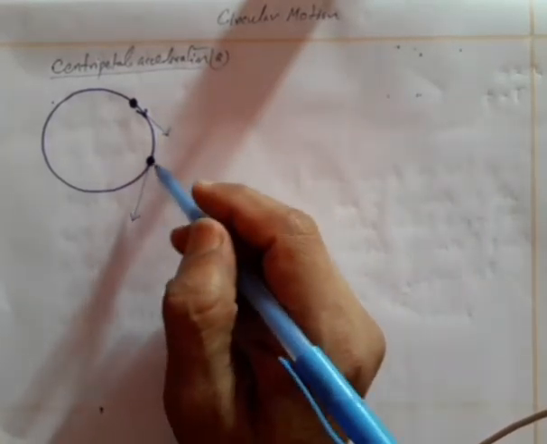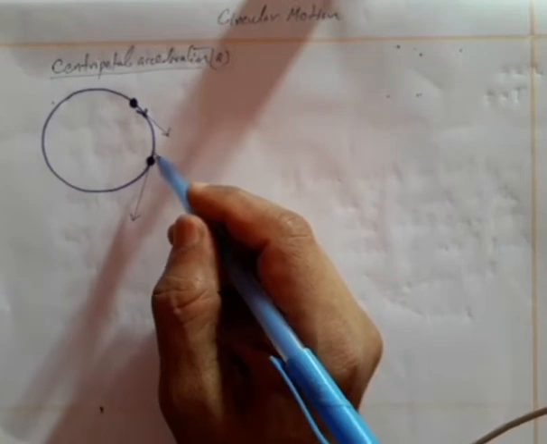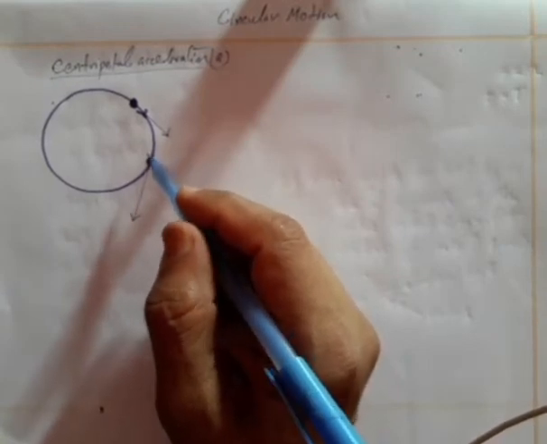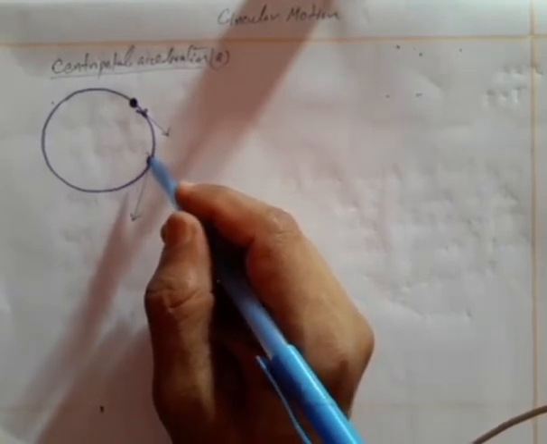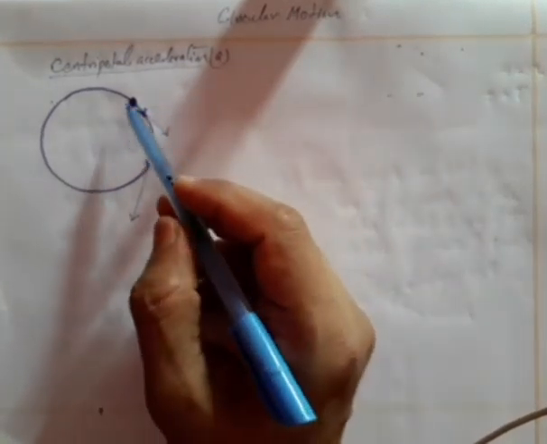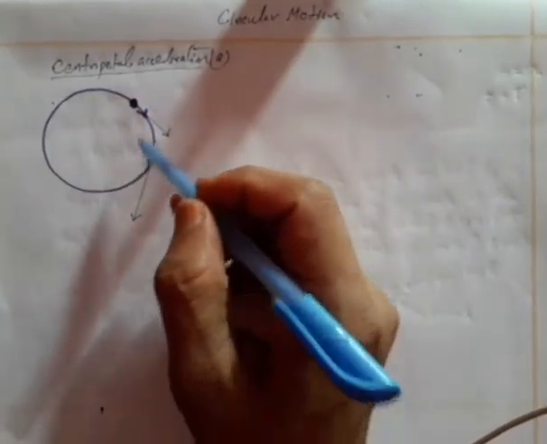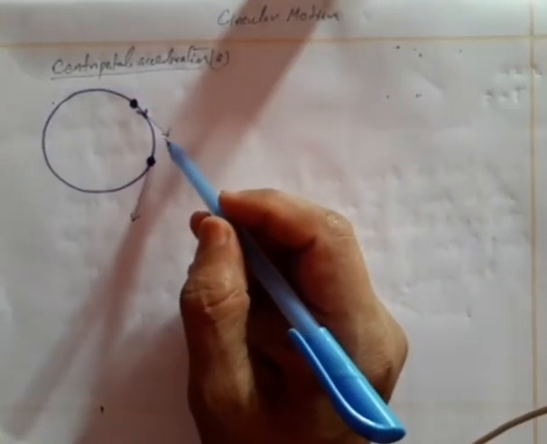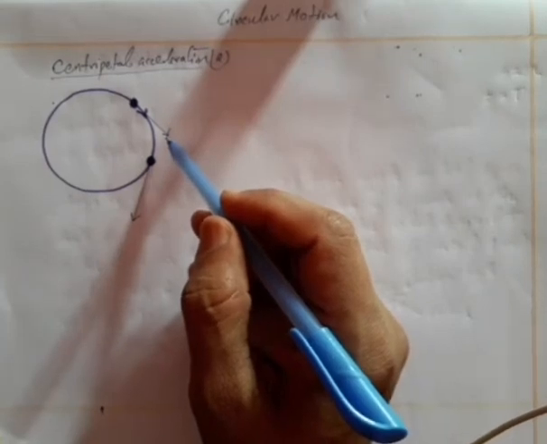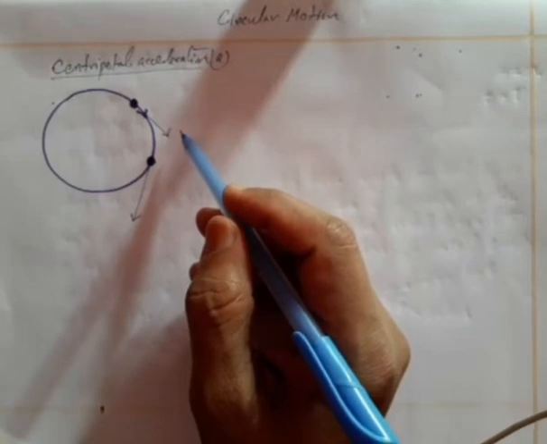Let us consider the first position is A, second position is B. So velocity is changing, we can see from the diagram easily. At position A, the velocity was Va, and at position B, the velocity is Vb. Similarly, at every point, the direction of the velocity is changing.